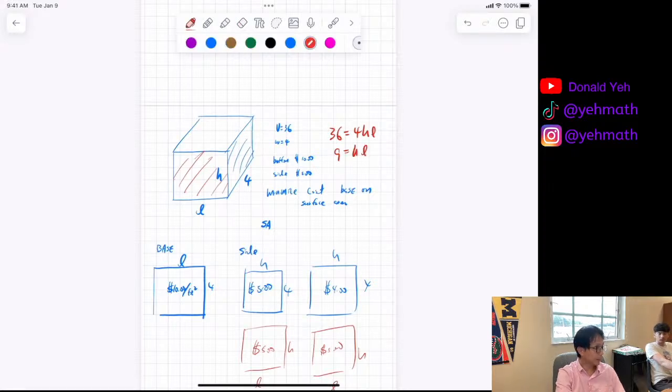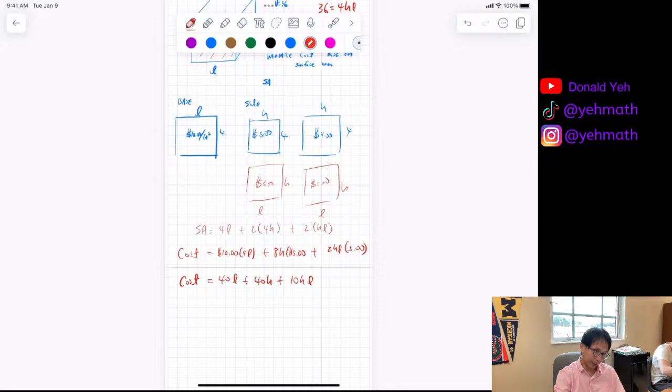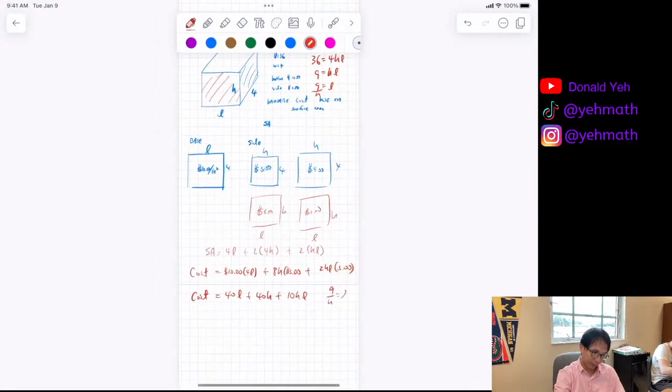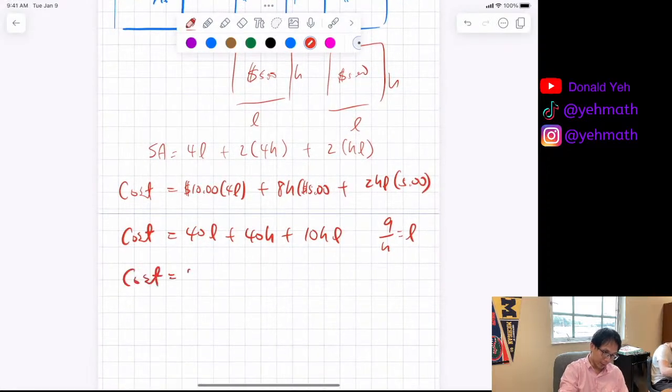Does that make sense so far? And 9 equals HL, so 9 over H equals L. Let's go back. 9 over H is equal to L. So I'm going to say cost is equal to 40L. Do you want to do it in terms of L or H?